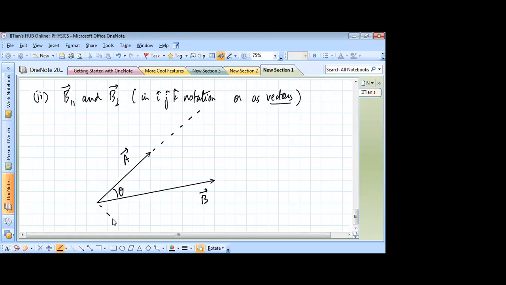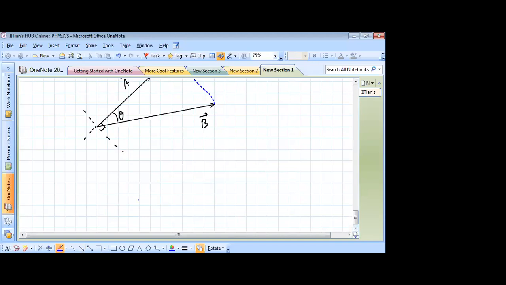And this is the line perpendicular to E. So here we now have to drop a perpendicular from B onto E's direction, and a perpendicular from B onto the direction perpendicular to E. So this is what we want to do now.